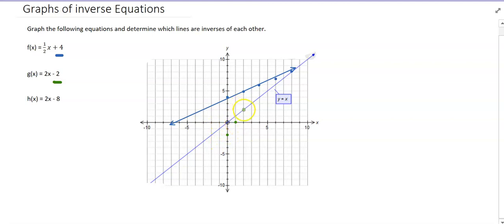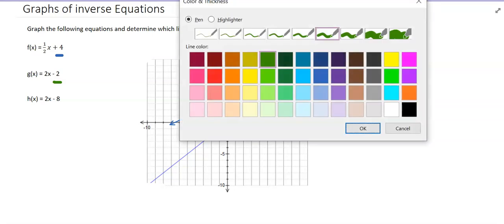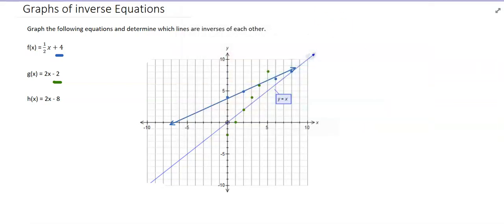And again, do that a few times, up 2/1, up 2/1, up 2/1, looking to create the sketch of that one. Choose the line, begin at one of my top points, extend through the points that I have, and there's my g of x.